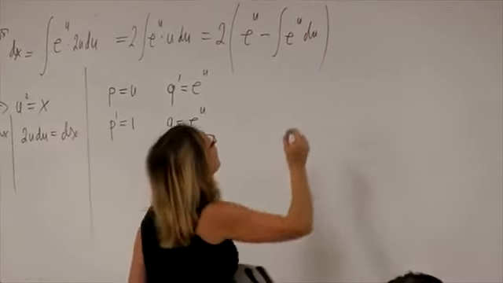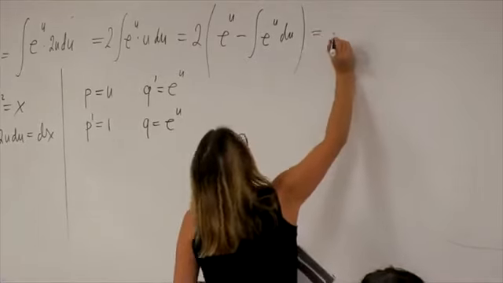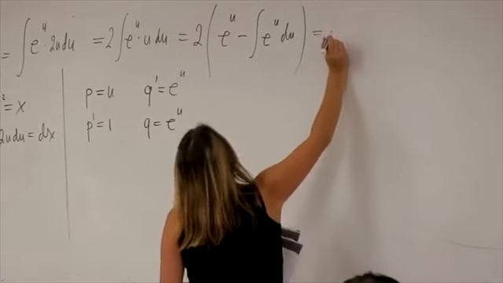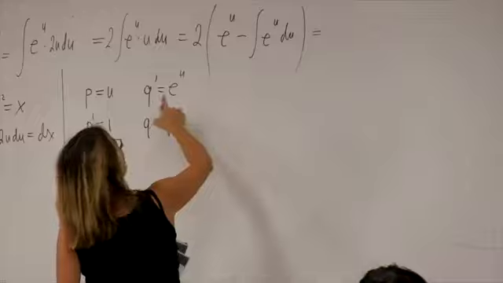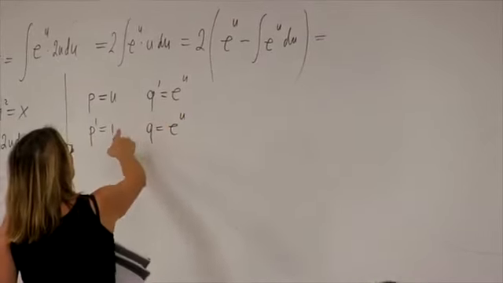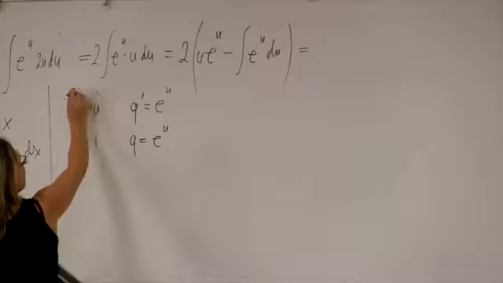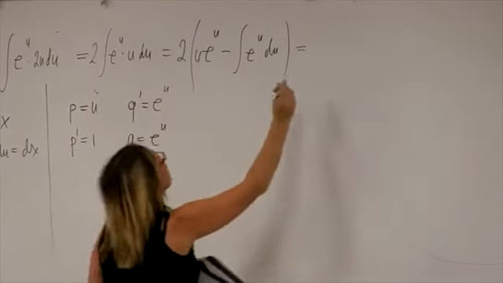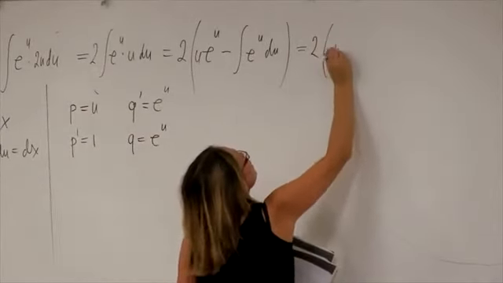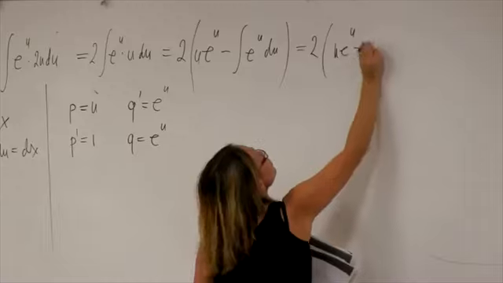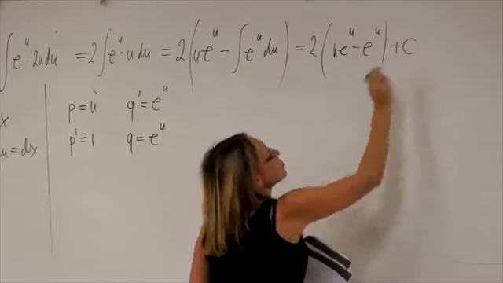So this becomes e to the u minus e to the u du. I'm sorry, it's p times q is this one. Okay, so I have u e to the u minus e to the u plus c.